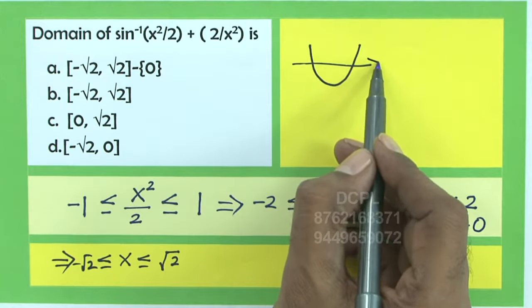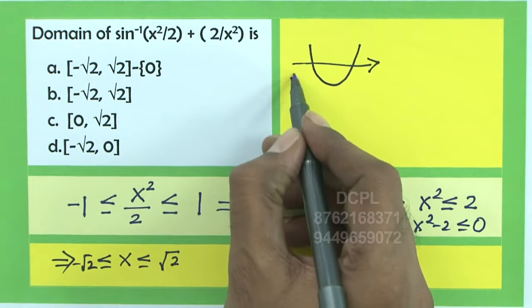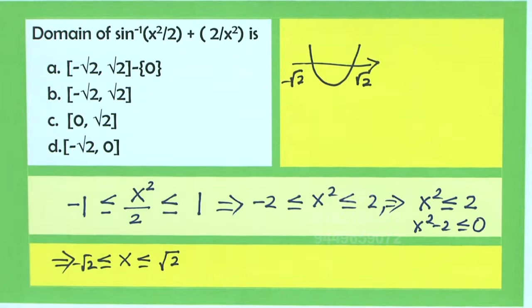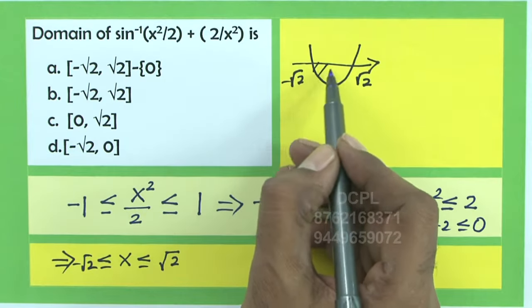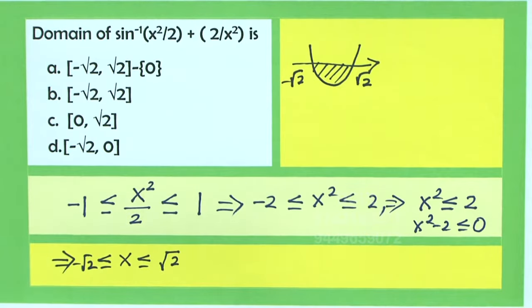This is a parabola with zeros at minus root 2 and plus root 2. Between minus root 2 and plus root 2, the quadratic attains negative values. Therefore, x belongs to minus root 2 to plus root 2, including both.